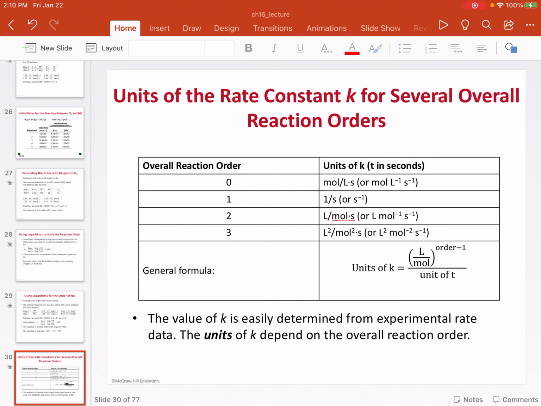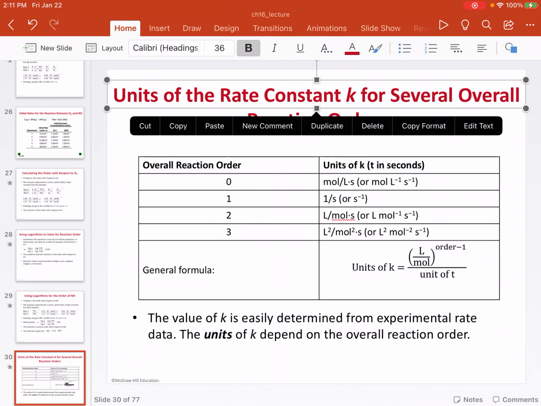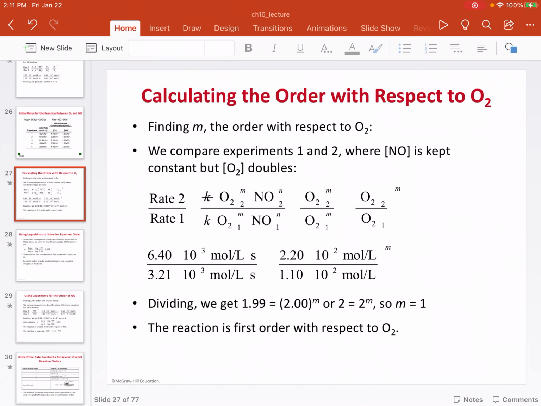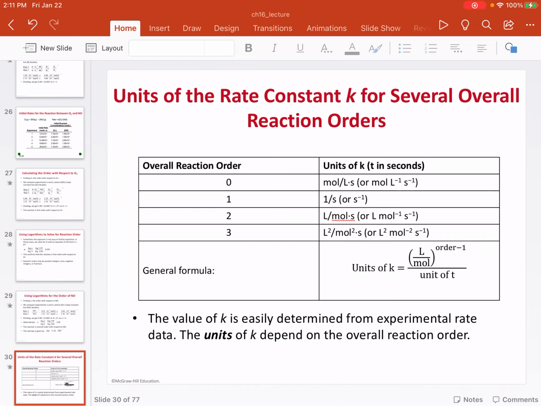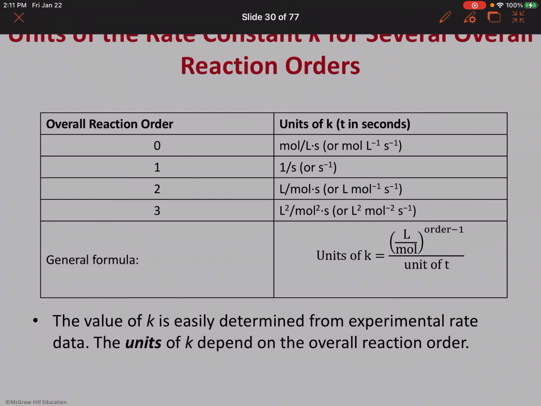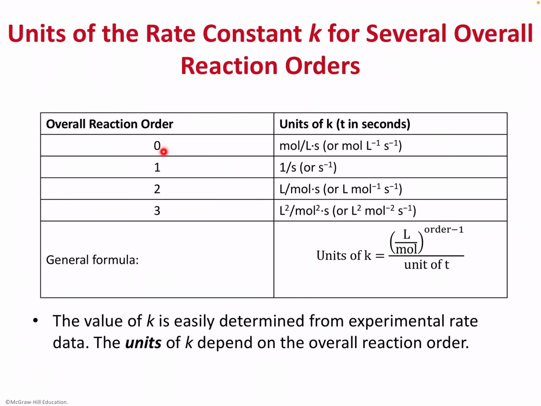For a zero order reaction, these are the units, and for a first order reaction, the units are 1 over s, per second.